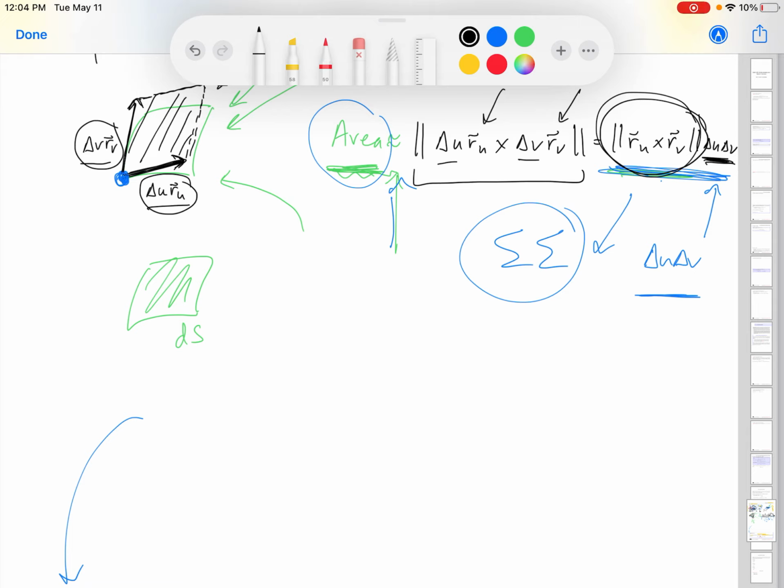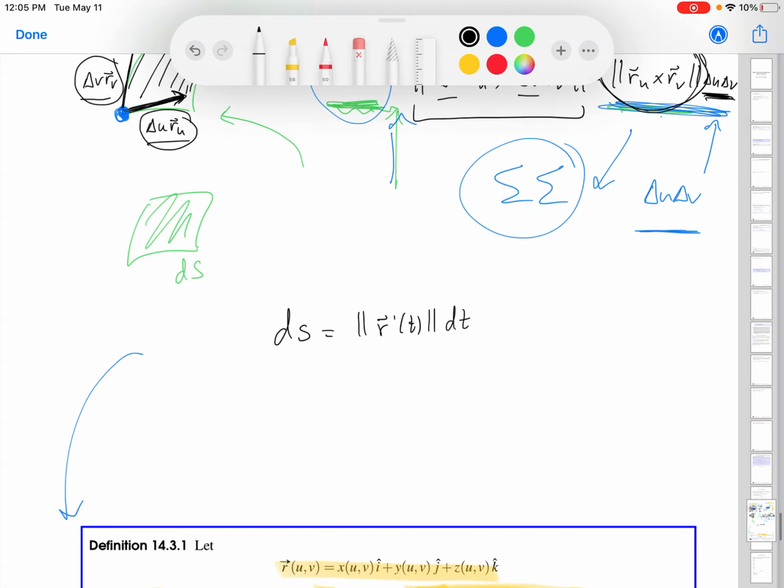So as before with line integrals, where we saw that little ds was the norm of r prime of t times dt, an infinitesimal change in arc length related to effectively the speed times the time elapsed, here we are saying that this small patch of surface area is some factor, r_u cross r_v, times the rectangular area, if you will.